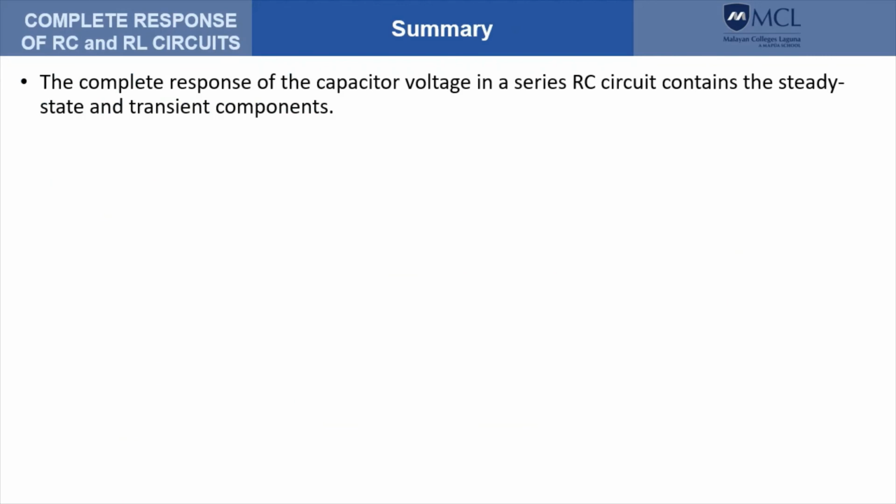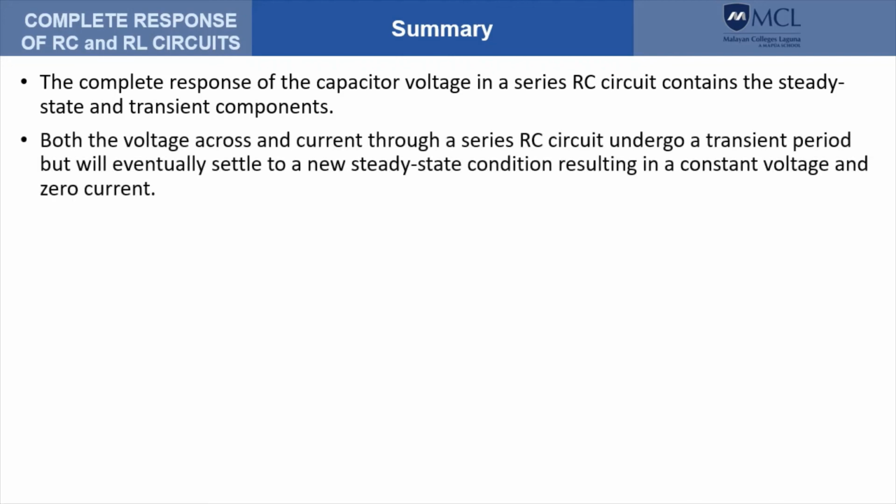So in this video, we just showed the derivation of the complete responses of series RC and RL circuits. For the series RC, we solve for the complete response of the voltage across it, and we notice that it has two components, the transient component and the steady state component.